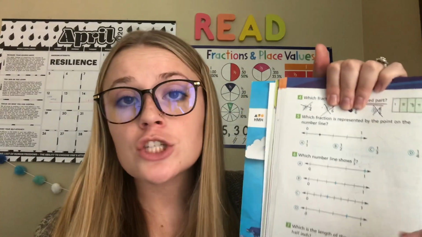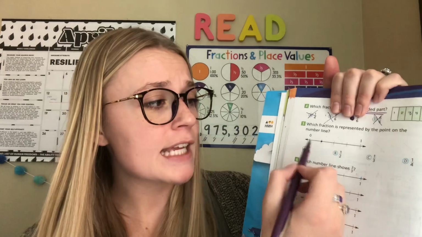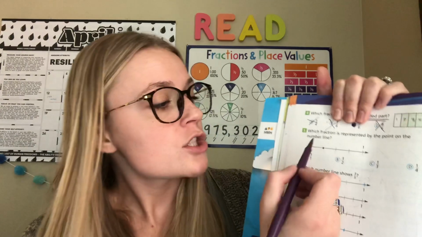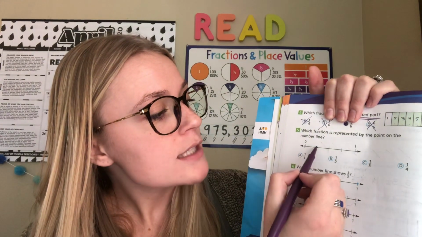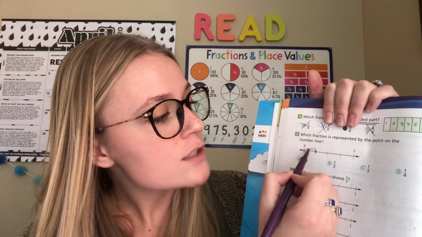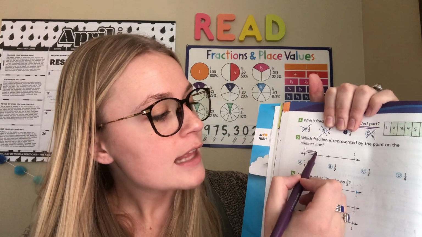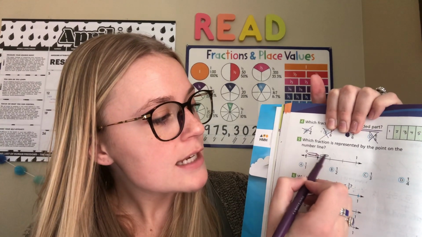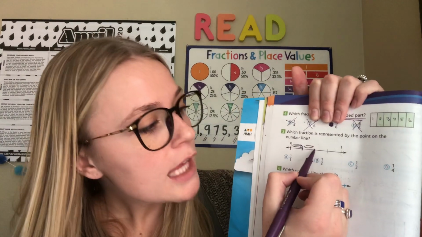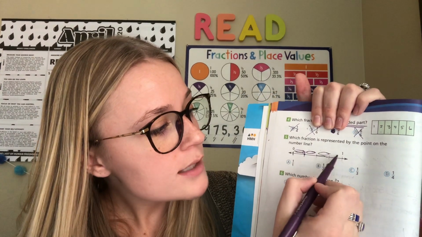So in order to do that, I need to count how many equal spaces there are from 0 to 1. So this dash mark to this dash mark, I'm going to count that as one equal part. Then this dash mark to the next one, that's another equal part. And I keep counting those equal parts until I get to 1.